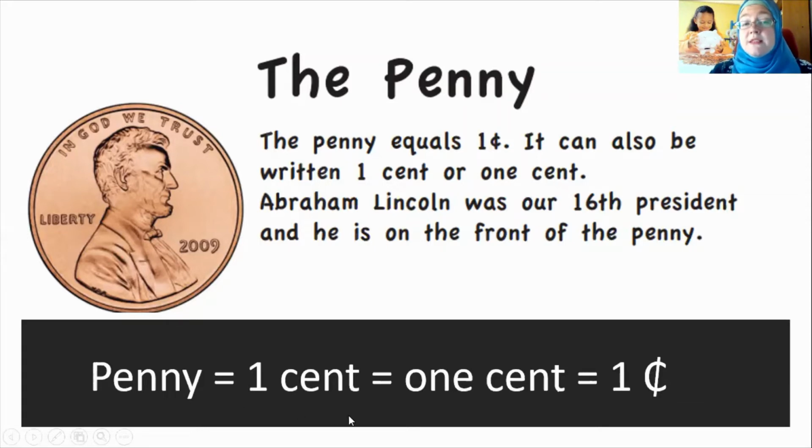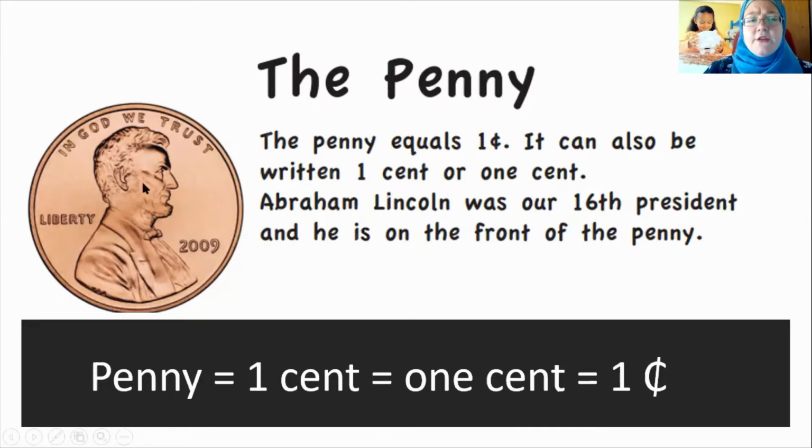All of those mean the same thing, that if it's a coin, that's that brown coin with the smooth outside, and it's the middle size shape, it's a penny. It's only worth 1 cent.